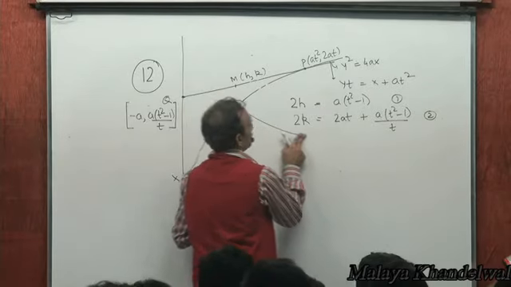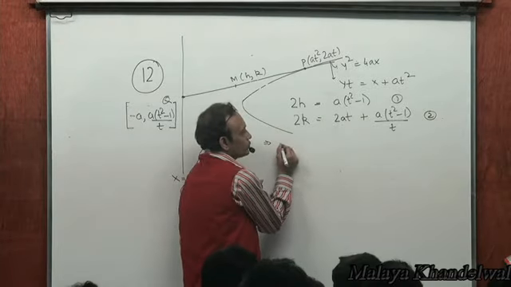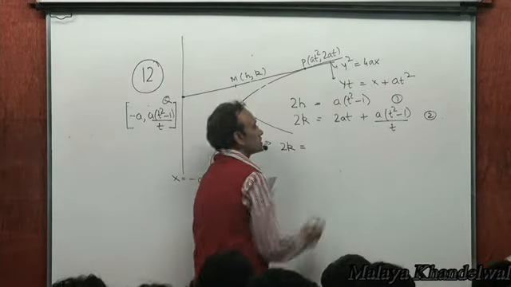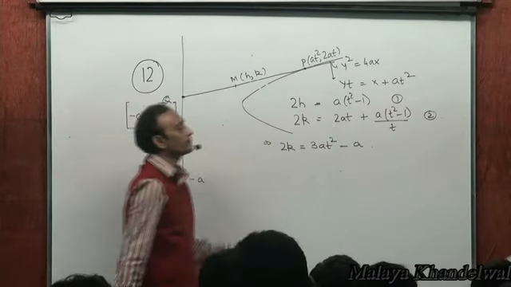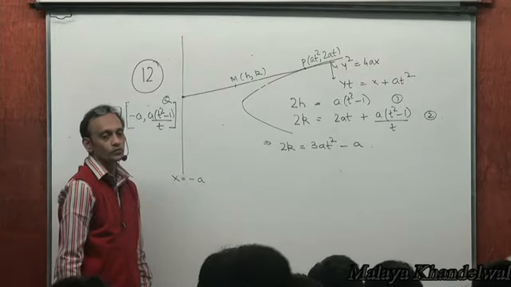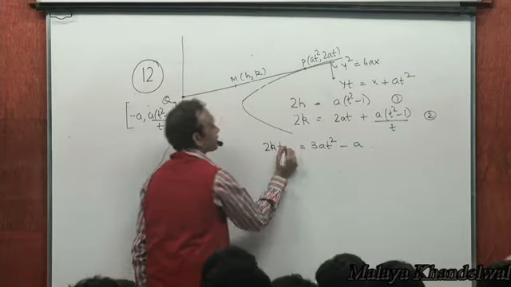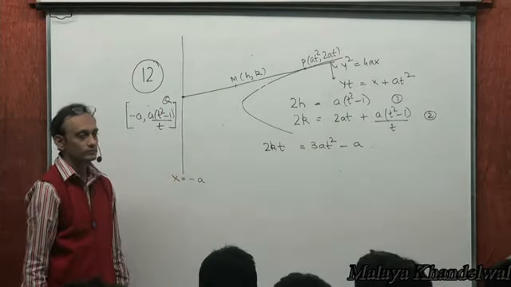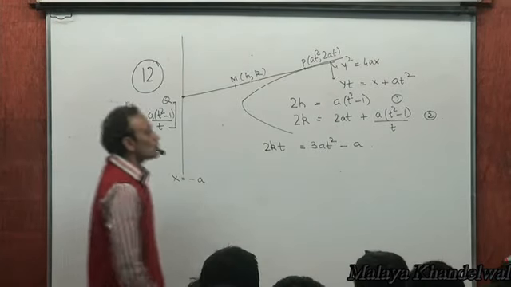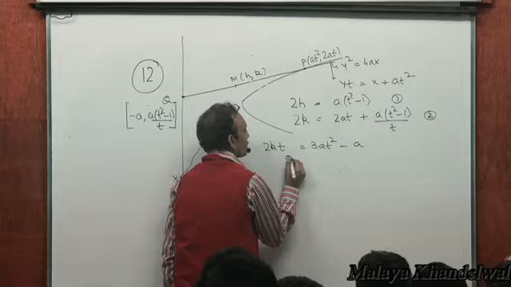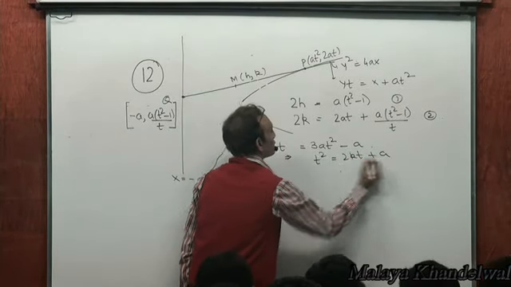Now, see, equation 2 gives me 2kt equals 3a t squared minus a. Yes or no? 2kt. Right? So t squared is 2kt plus a by 3a.